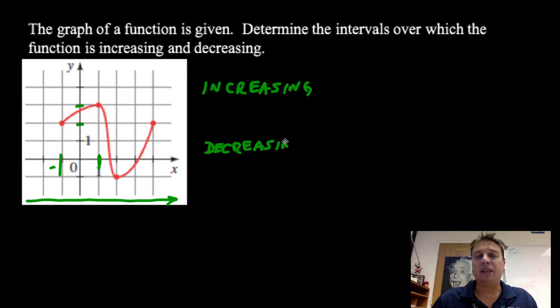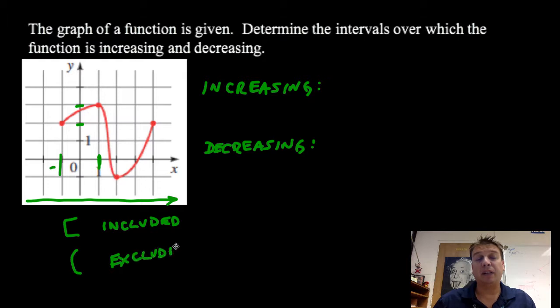Now, it's a lot easier to do the increasing, decreasing when we use interval notation. So when we're talking about increasing, decreasing, we're talking about what is it doing between these two values. If I'm using interval notation, I need to know, am I going to use the bracket because it's included, or do I use the parenthesis because it is excluded from the set?